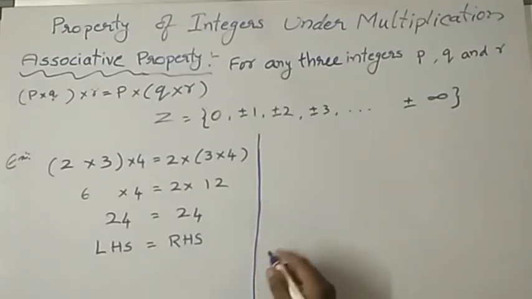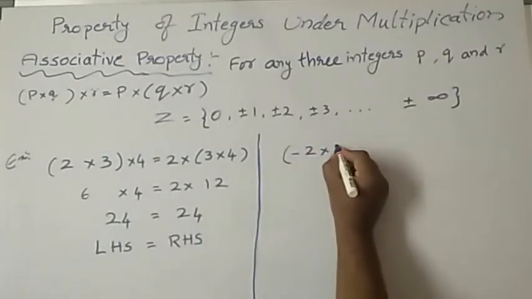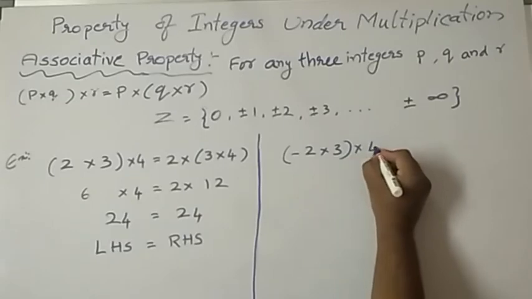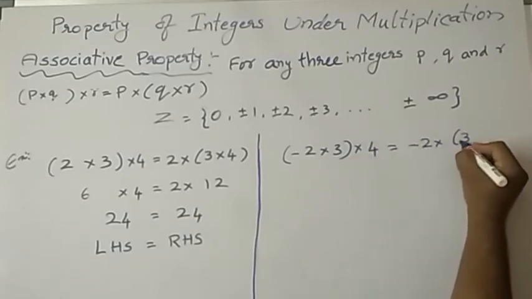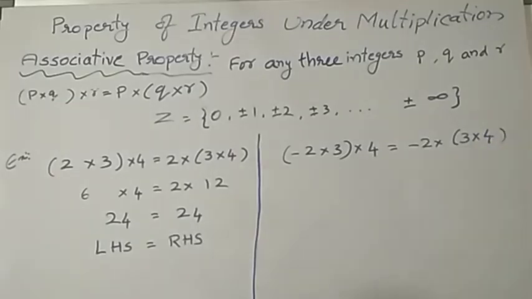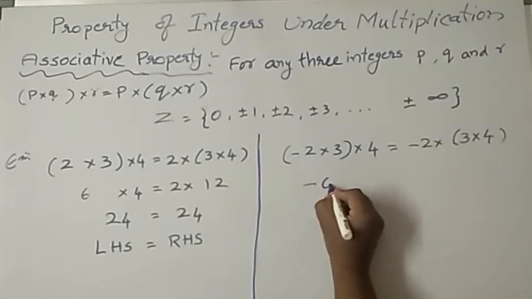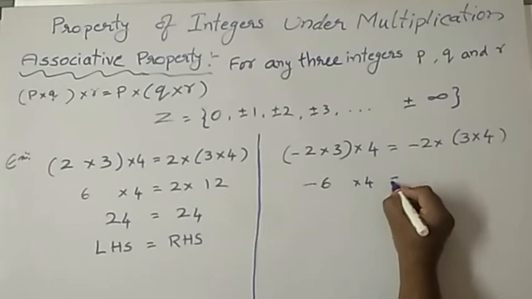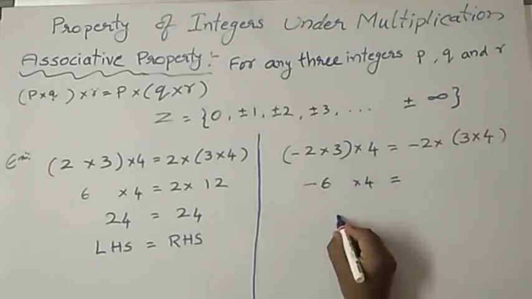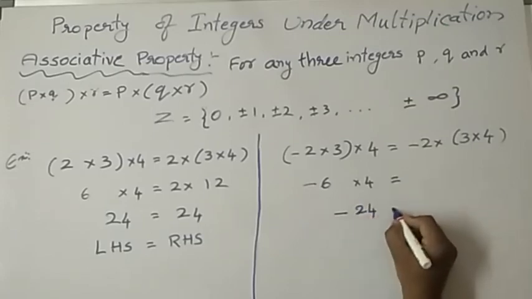I'll take one more example with a negative sign. Once I'll check the same one. See, minus 2 into 3 into 4. Minus 2 into 3 into 4. Here minus into plus is minus 6. 2 3s are 6 into 4. Minus into plus, minus 6 4s are 24.